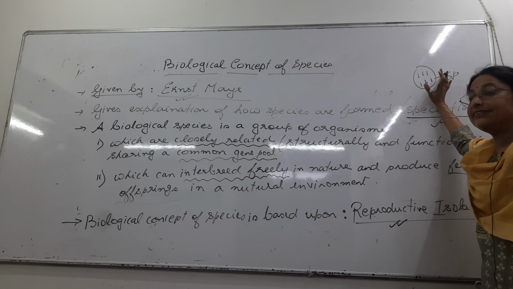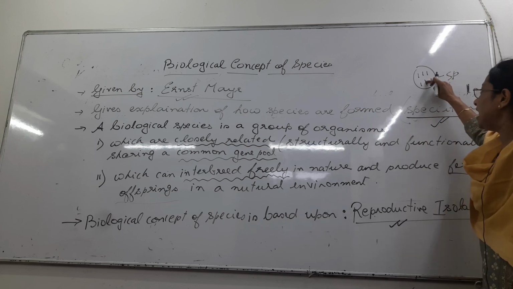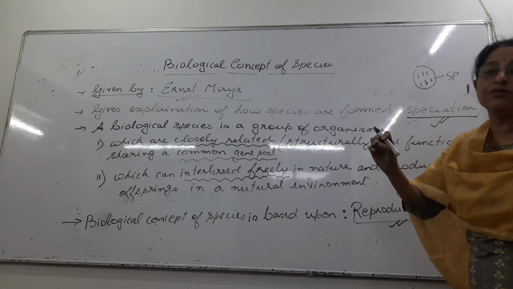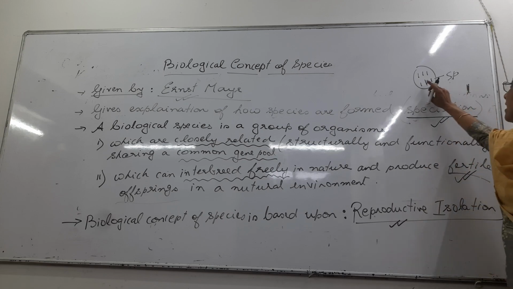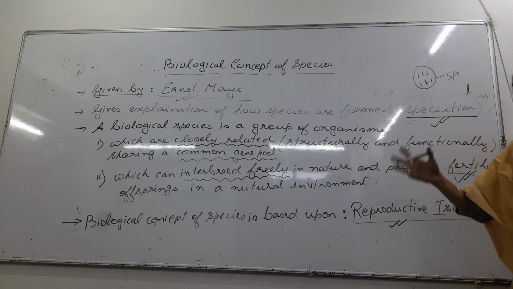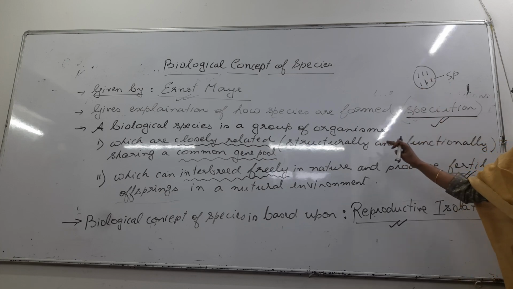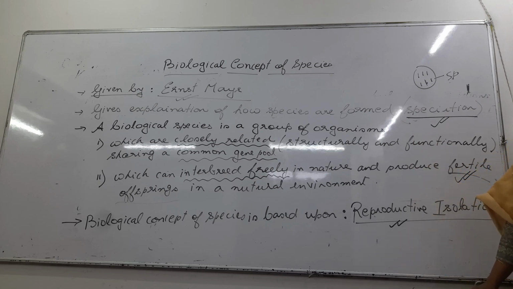Naturally, not artificially. And another point he has said is, no doubt they have to reproduce, they have to produce fertile offspring also. If such a condition arises that they reproduce, but their offspring is sterile, according to Ernest Mayr, it cannot belong to this species. Is the point clear?